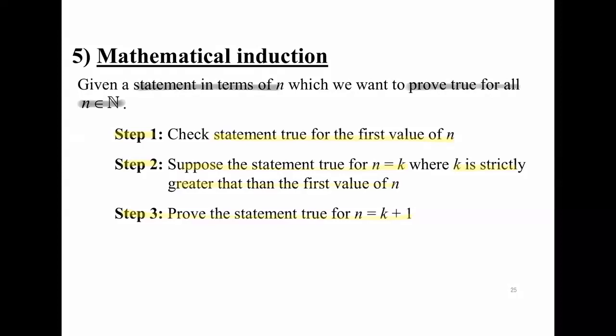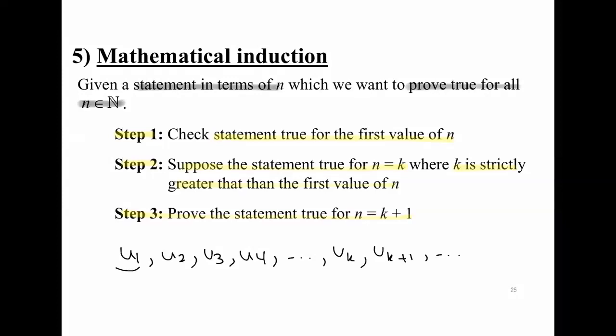Suppose we have a sequence u1, u2, u3, u4, etc., up to u(k+1), etc., and the sequence keeps going infinitely. Based on steps 2 and 3, if the statement is true for u1, where k is equal to 1, then it's true for k plus 1, which is 2, so the statement is true for u2.